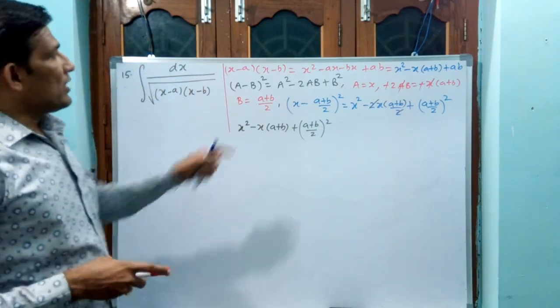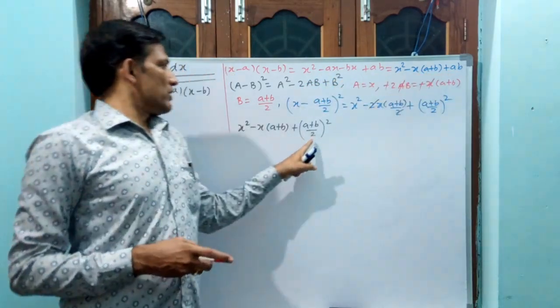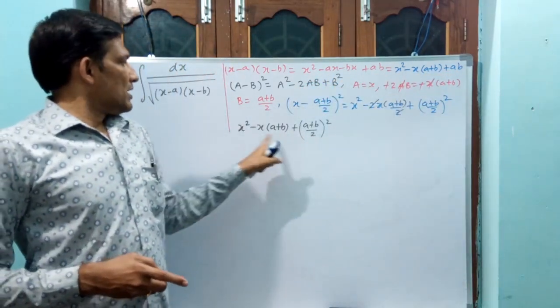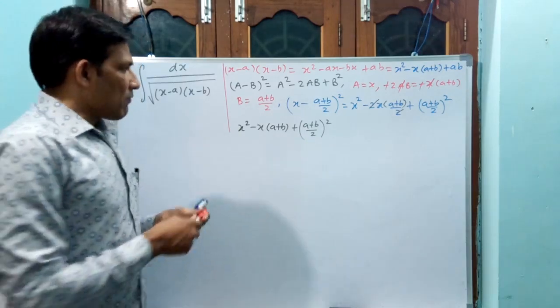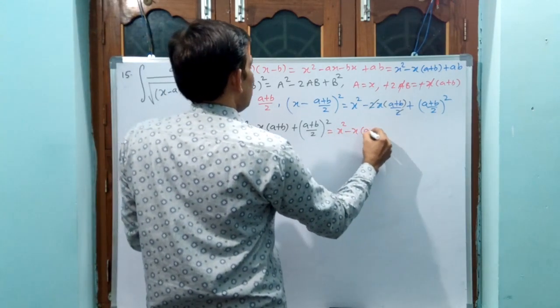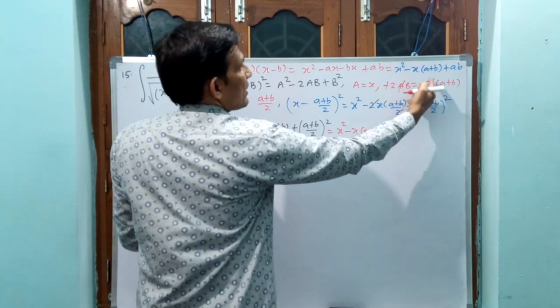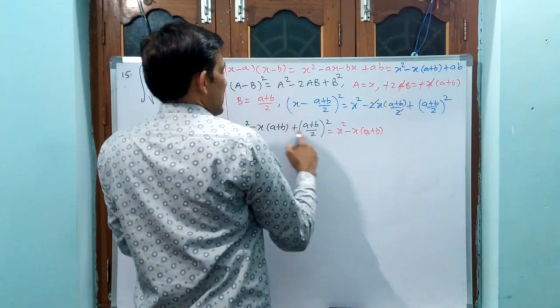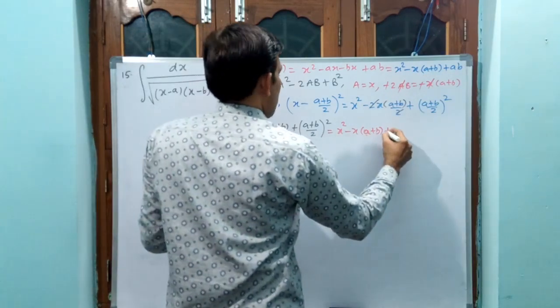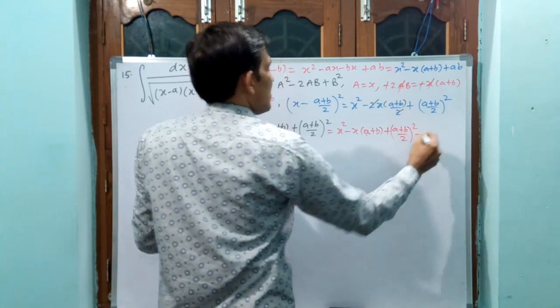But what you require is x square minus x(a plus b) plus ab, you have to write it. But here this has come extra. What are you going to do? You are going to do like this. You see x square minus x into (a plus b) until this, okay, both are same. But here ((a plus b) by 2) whole square has come.